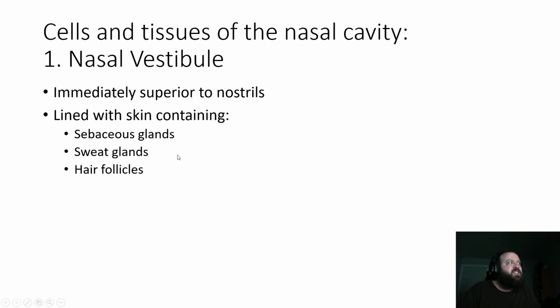The skin here has sweat glands, so you can sweat inside your nostrils. That's going to create a hyperosmotic environment, which will help moisten air, but also make it unpleasant for microorganisms. And then we have hair follicles, which can help even further filter the air.